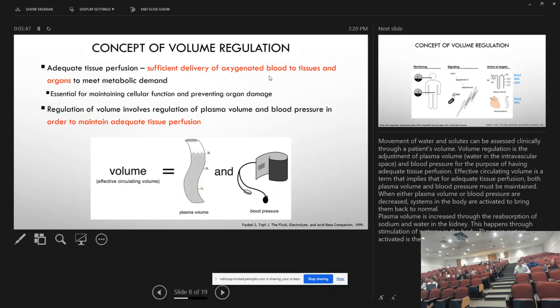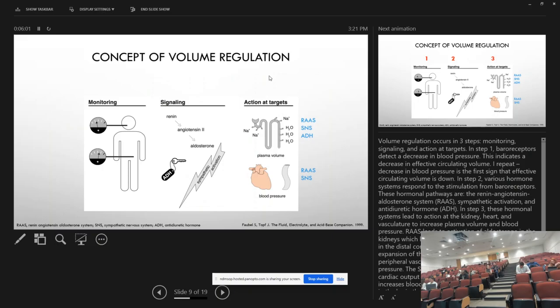Regulation of volume involves the regulation of plasma volume, the intravascular volume, and blood pressure in order to maintain adequate tissue perfusion. This is a review, but volume regulation occurs in 3 steps. You have baroreceptors, osmoreceptors, et cetera. When they sense a decrease in blood pressure, there's a decrease in ECV as well, right?